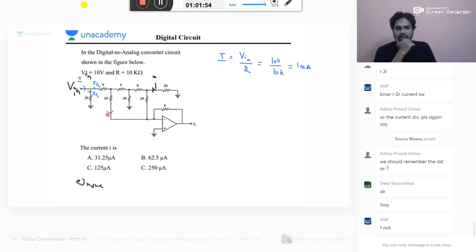What is this current? I by 4, and this will be I by 4 again.